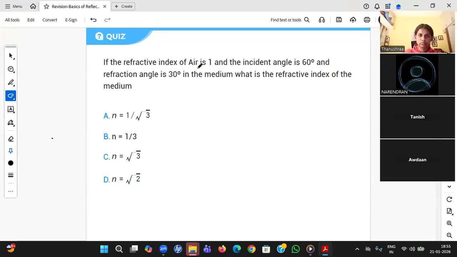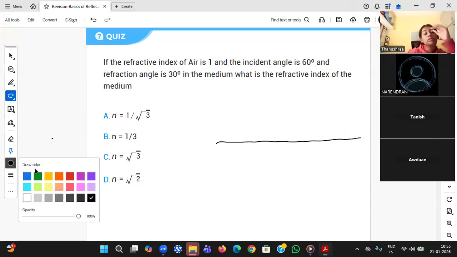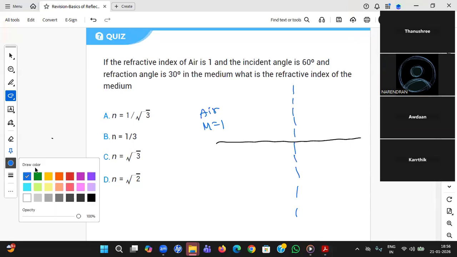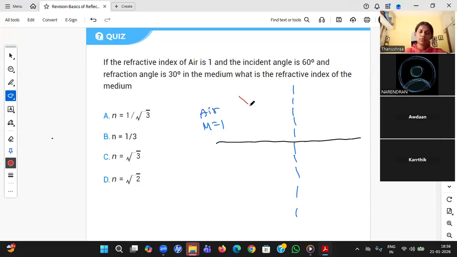The refractive index of air is one. So let me take the medium and the normal. Please draw the rough diagram. Please, I'm requesting you all. That will give clarity on what is being asked. The refractive index of air, so this is air, this mu equal to 1, he said. And the incident angle is 60 degrees. That means light rays are coming, incident angle is 60 degrees.